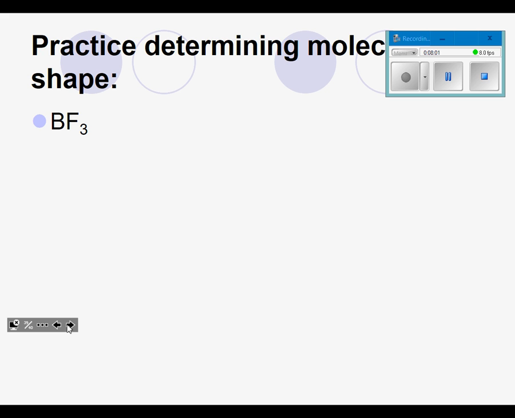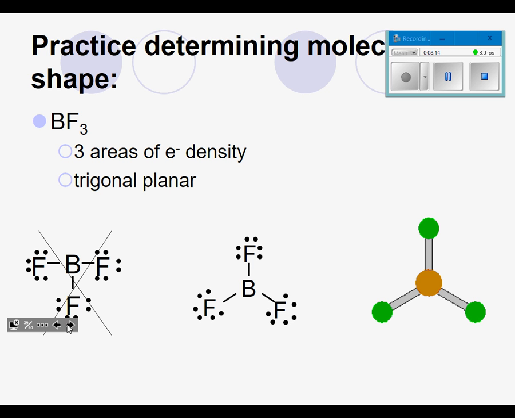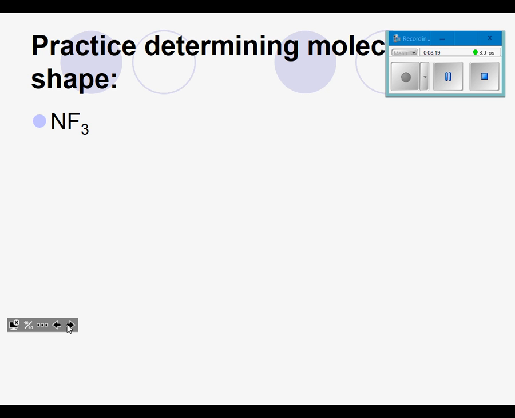Okay. Then if we have BF3, okay, we have three elements bonded to the central atom, and we have no lone pairs, so that would be trigonal planar. Then we have NF3. That is a picture of NH3, so I probably ought to fix that. That's NH3 instead.